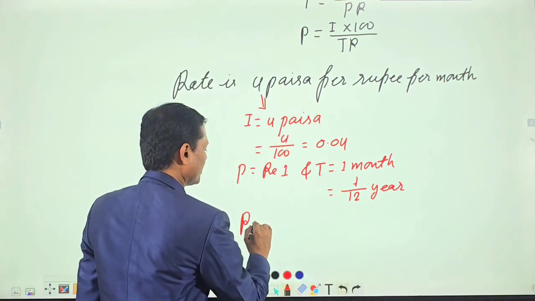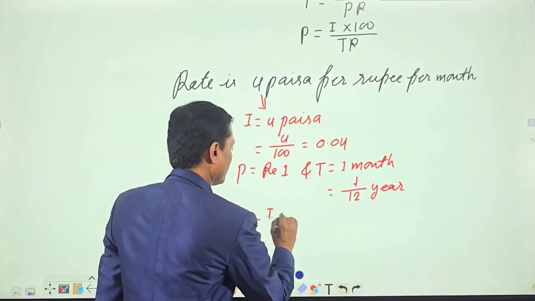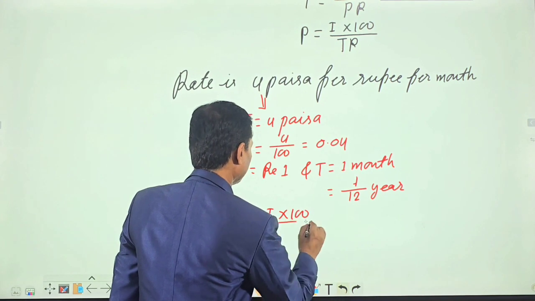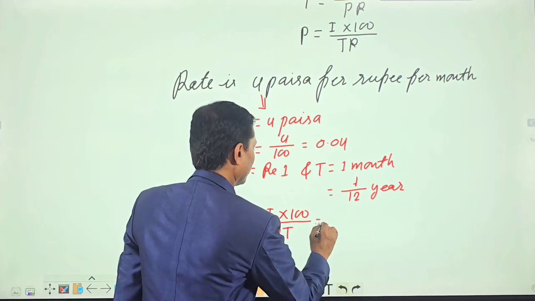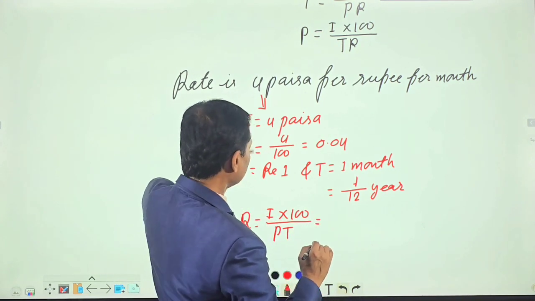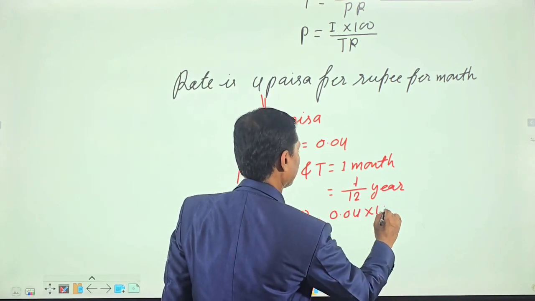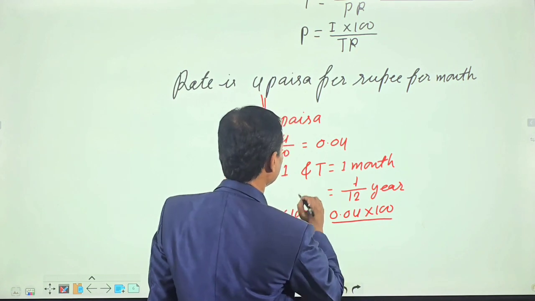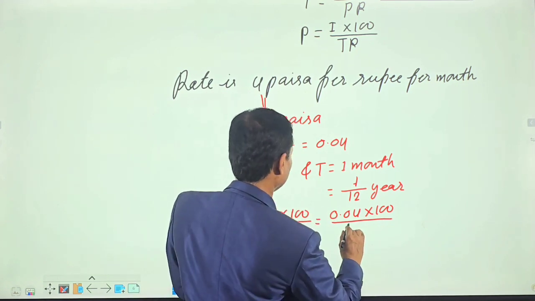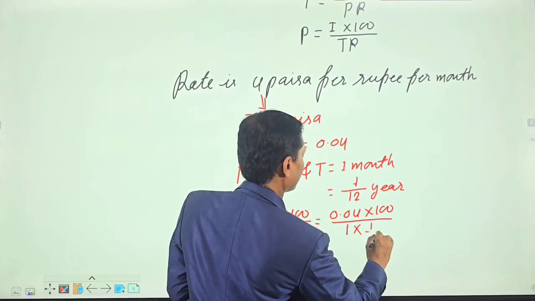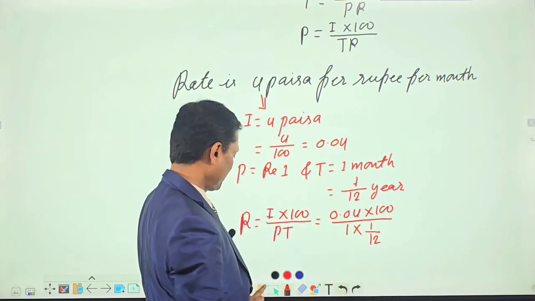Then we can find the rate, and rate equals I into 100 over P and T, where I means interest, that's our 0.04, into 100 over P, we have here 1, and time is 1 by 12, right?